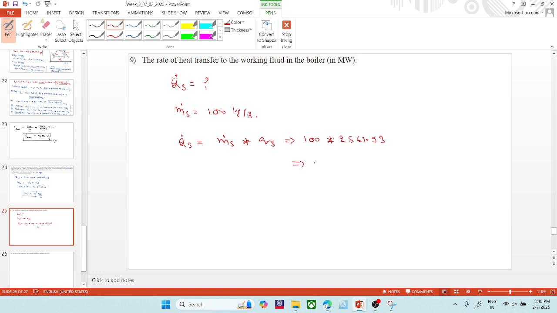So the value will come around 256.193 into 10 to power 3 kilowatt.